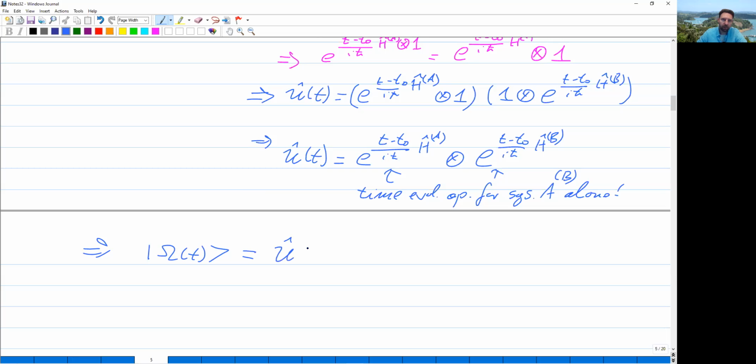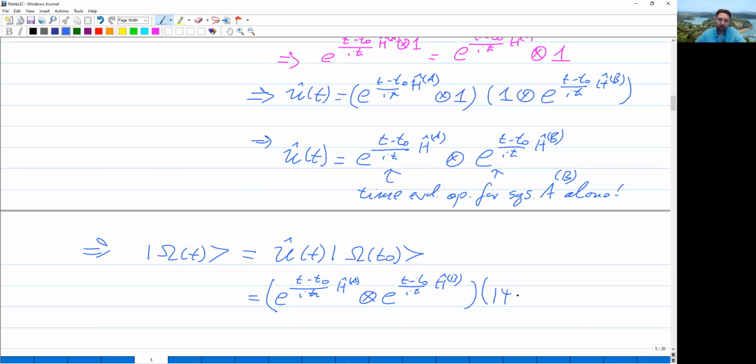which is U hat of t acting on omega of t naught, is equal to e to the power of (t minus t naught) over i h bar h hat A, tensor the other one, (t minus t naught) divided by i h bar h hat B, and that acting on the initial state of the total system, which is psi of t naught tensor phi of t naught.